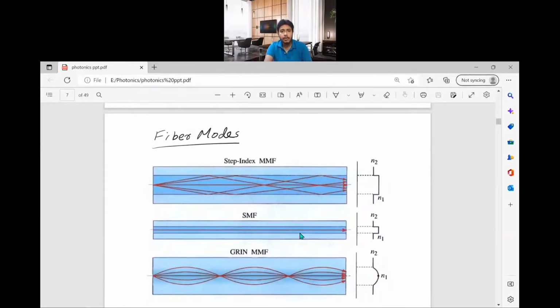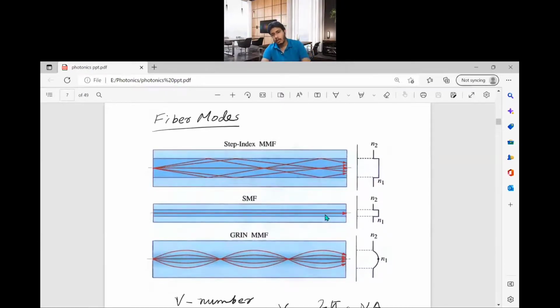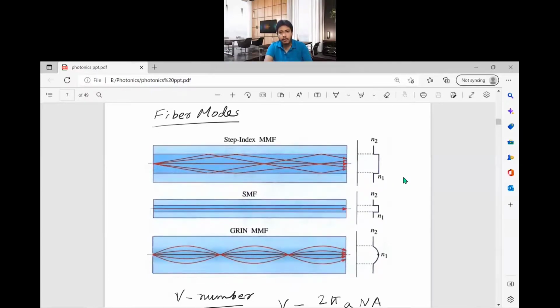The next important part is the fiber modes. Light is an electromagnetic wave, so it will travel in the optical fiber in some different modes. You need to know the different optical fibers depending upon the mode. We have the single mode fiber, we have the multimode fiber, and the graded index multimode fiber. This depends upon the refractive index profile at the core and cladding interface.